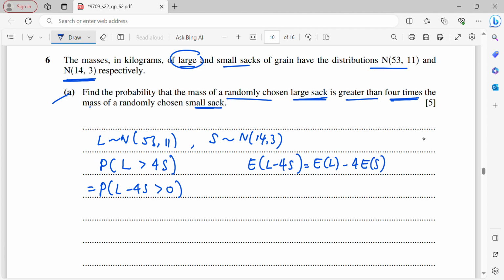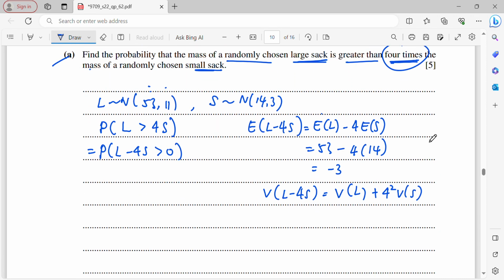So my EL is 53. This is the mean, and this is the variance. So the E is actually the mean. Minus 4 times 14. Then this will be minus 3. Now, for the variance of L minus 4S, it will be variance L plus 4 squared variance S. I square it because it's 4 times.